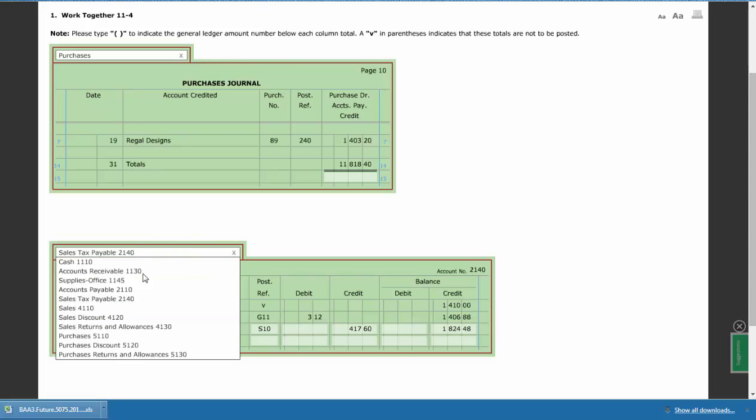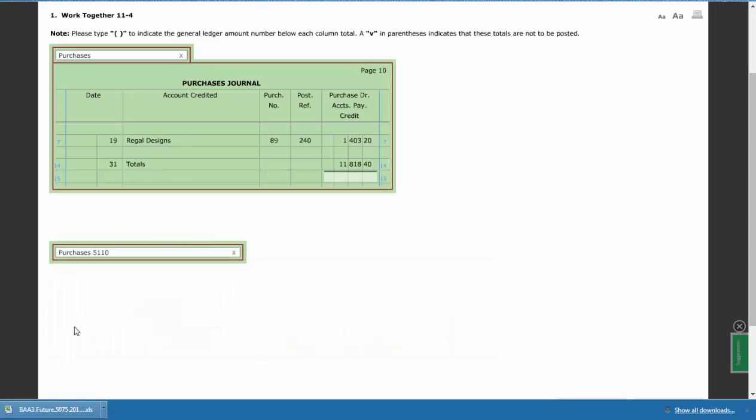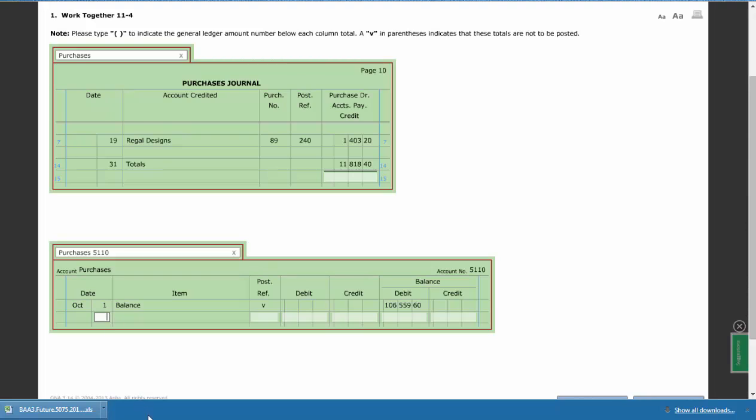So I'm going to open up my account purchases. Purchases is a cost account that has a debit normal balance. The date is the 31st. Source document is P10, P standing for purchases, 10 standing for page 10. And purchases being debited for $11,818.40. And again, remember the account purchases is used to keep track of anytime we buy a product that we're going to turn around and sell.